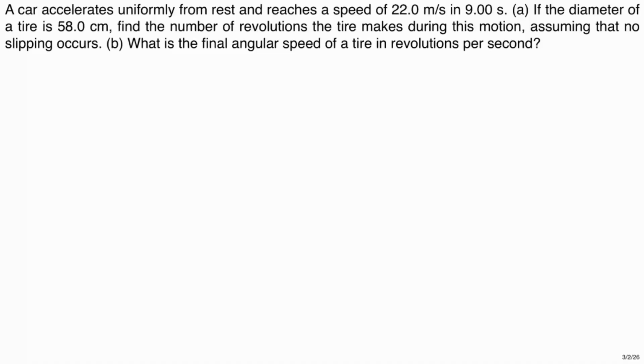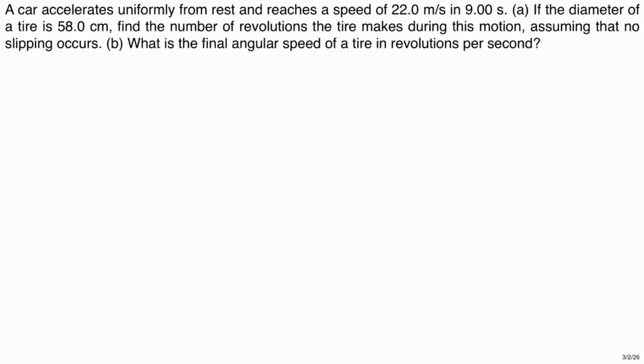And I want to do it that way because look at these units. What have they given me? They've given me linear things, right? So if they're linear, I'm going to see if I can do as much as I can with the linear stuff and then convert that into what they're asking for.